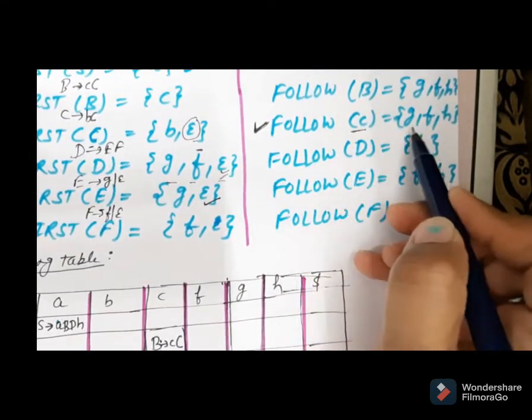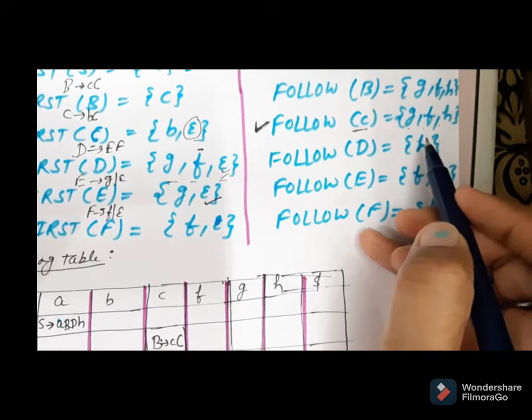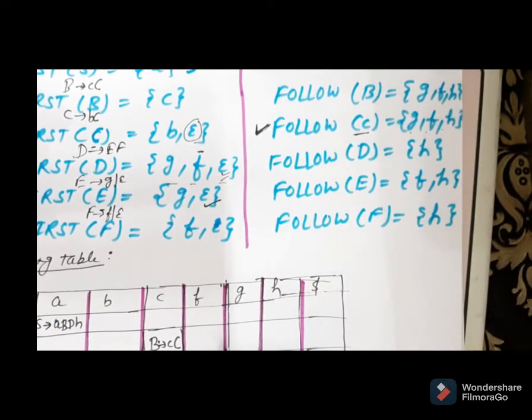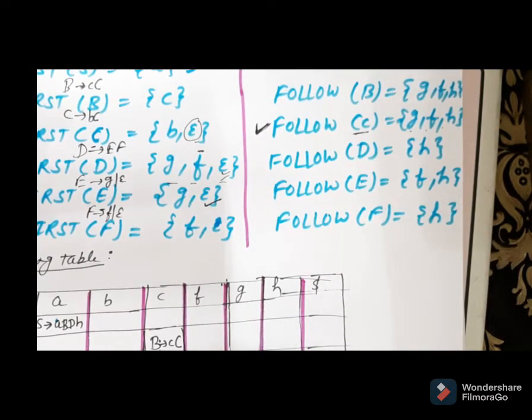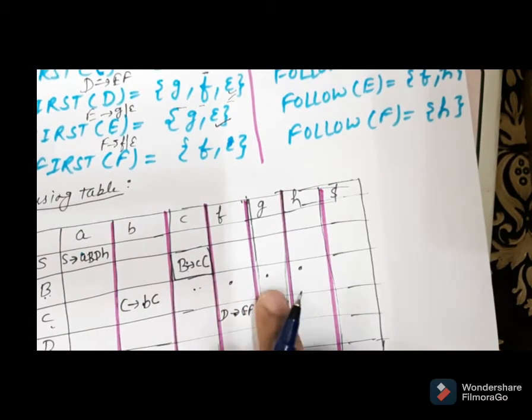Follow of C is G, F and H. There are three symbols in the follow of C where G, F and H come. So I will use these three columns, 1, 2, 3.